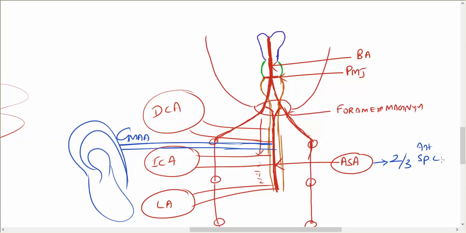So even though they get such supporting vessels, there are two areas known as less perfused areas. That area is located at the T4 and the L1 level. So this level of the spinal cord, at T4 and L1, is known to go for infarction.